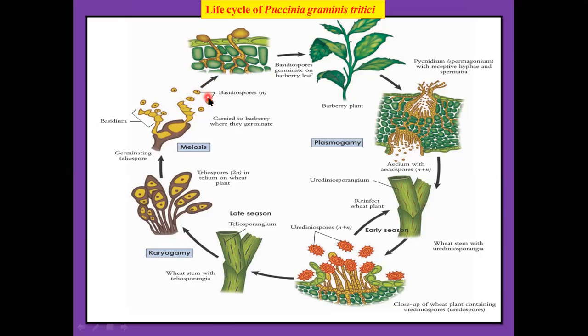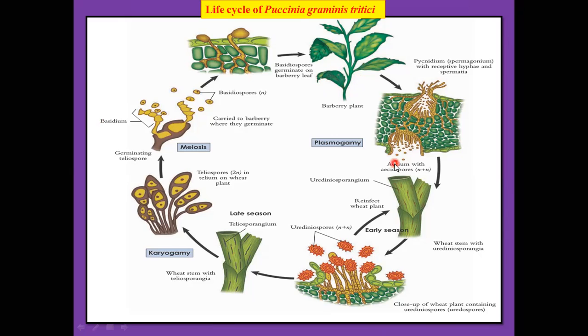So these basidiospores travel the distance, or directly land on some grasses present near the field, or present in the hilly areas. So these basidiospores germinate on the surface of the barberry plant.